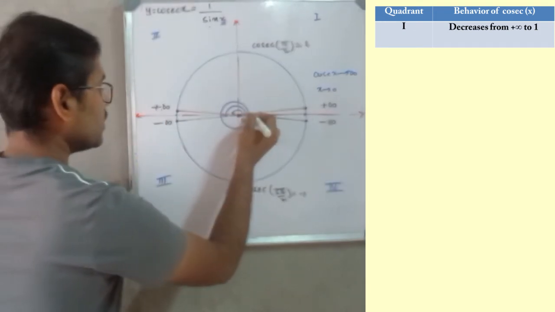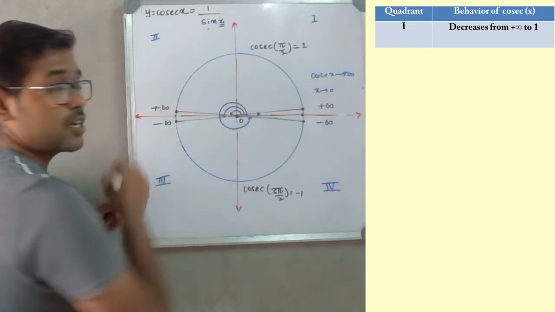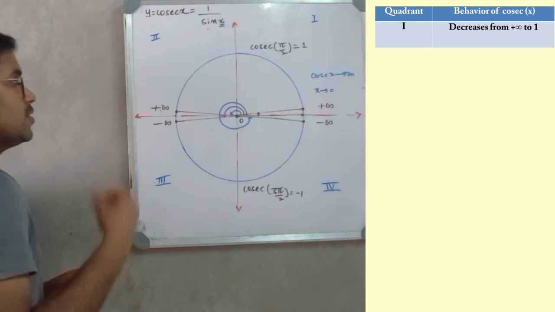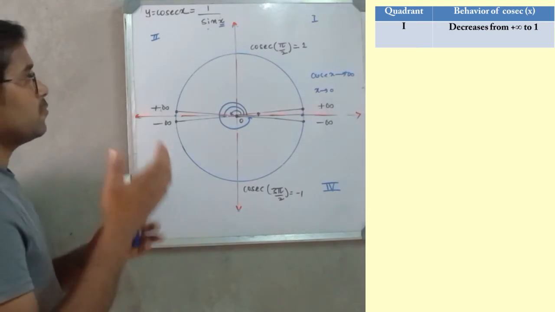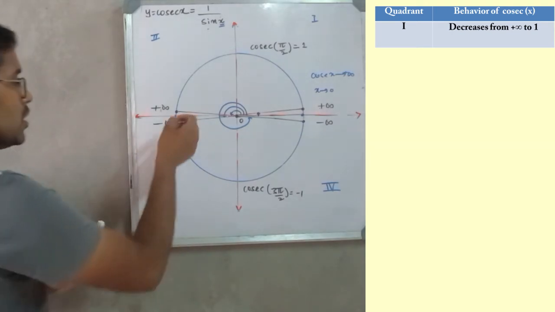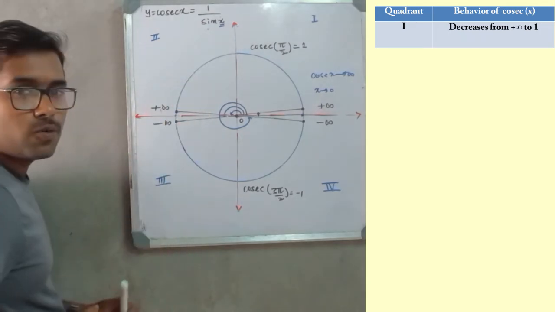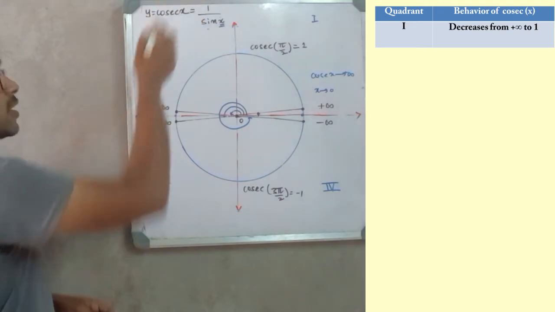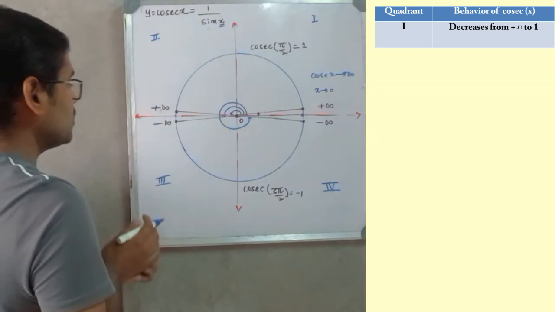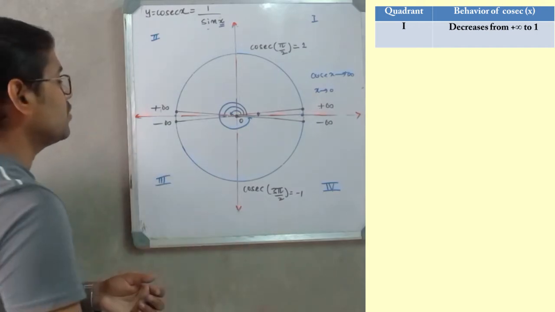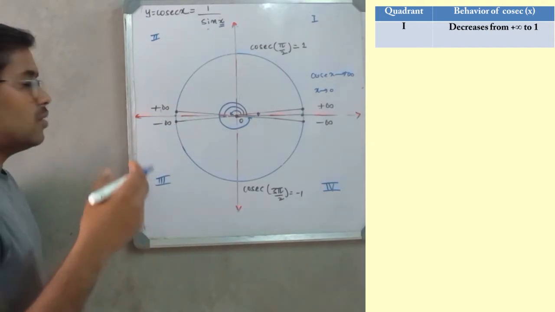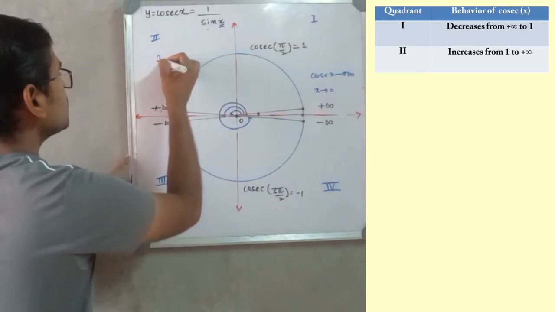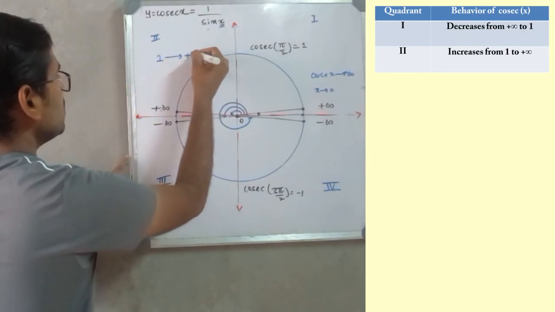If I choose an angle x very close to pi in the second quadrant, the value of sin x will be a very small positive number. In the second quadrant, sin x is always positive, but if x is very close to pi, then sin x will be very small positive. Then the value of cosec x will be a very large positive number. So it approaches positive infinity as you approach pi. So in the second quadrant, the value of cosec x increases from 1 to positive infinity.